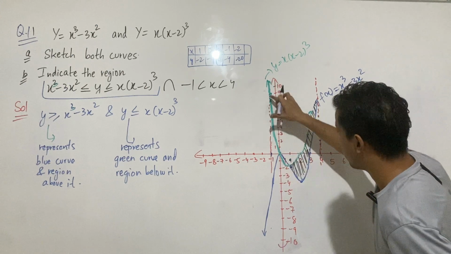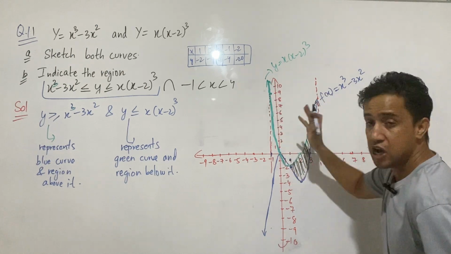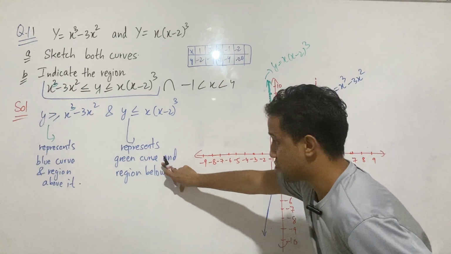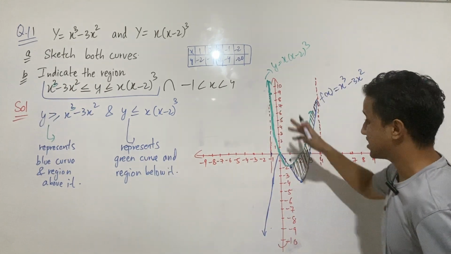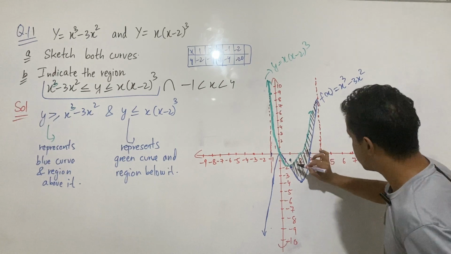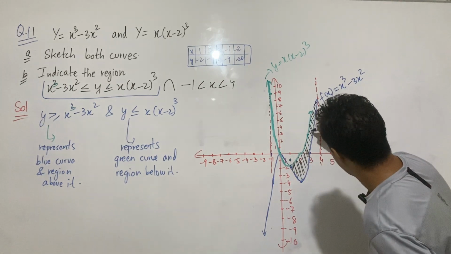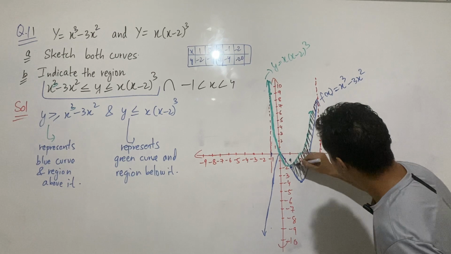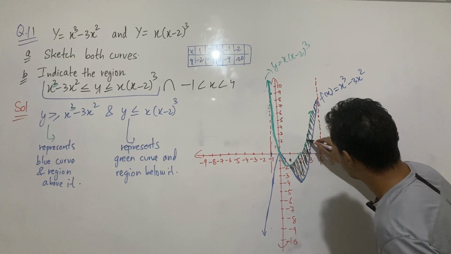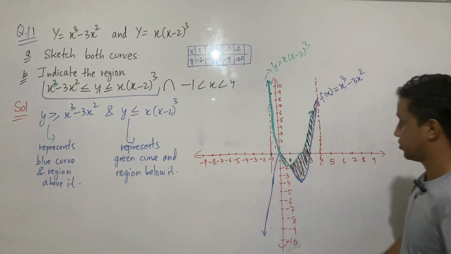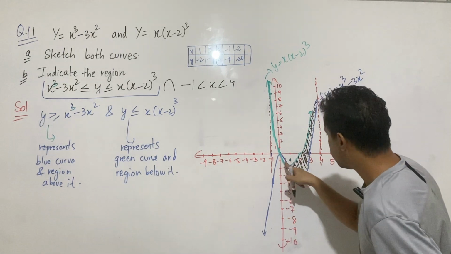Why? Because for this green curve we have to indicate the region below it and on the curve, this one again, below green and above blue, so the common region is going to be this region, and it's not going to be this region.